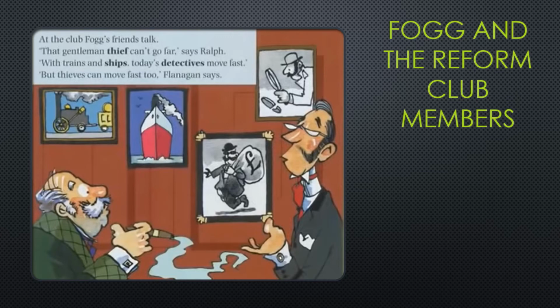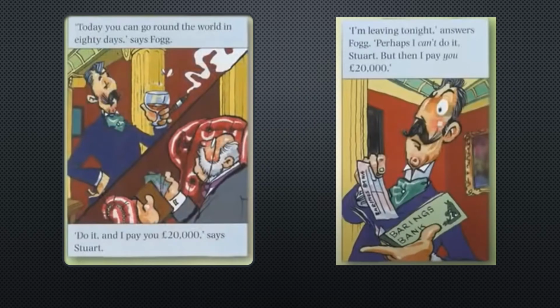So these are all Phileas Fogg's friends who are a part of the Reform Club, and they say with trains and ships the thief cannot go fast, and there are also detectives who move faster than the thieves. To which Fogg says, today you can go around the world in 80 days, because that was also an article in the newspaper.